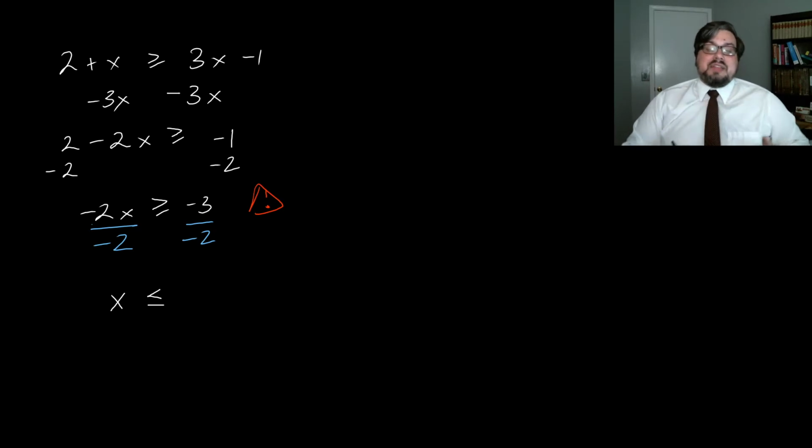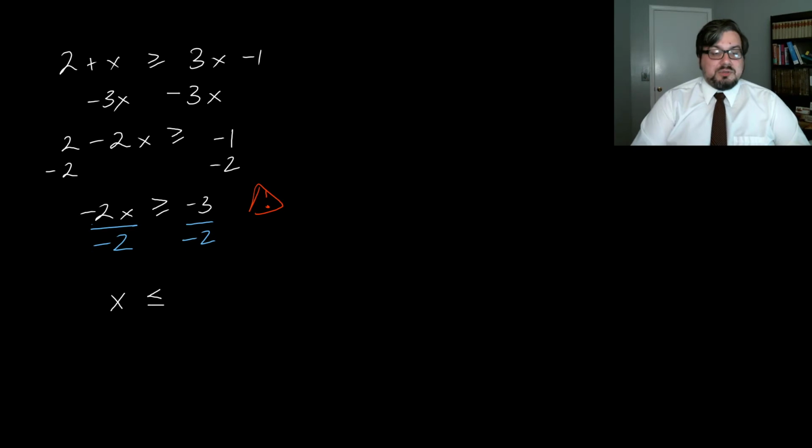Now, notice that the fact that we've got a negative 3 on the other side doesn't make any difference at all. Whether there are negative numbers in your inequality doesn't matter unless you're multiplying or dividing by it. So, when you're dividing or multiplying both sides by a negative number, you have to switch the direction of the inequality.